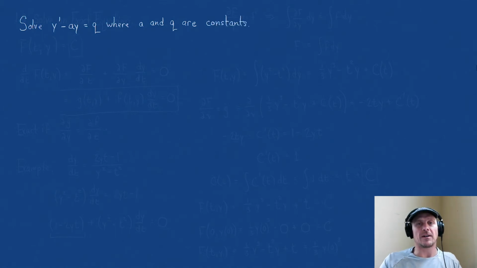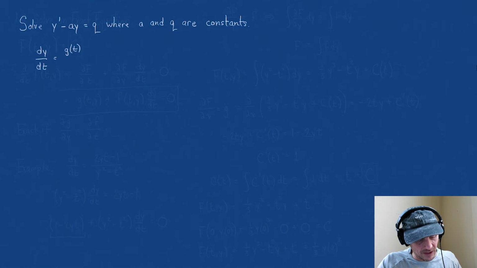If they're not constants, we would be using an integrating factor, but let's just look at this one unique case. So I'm going to start doing a little bit of rearranging. Remember, the pattern we're looking for is dy/dt equal to some function g of t divided by some function of y.